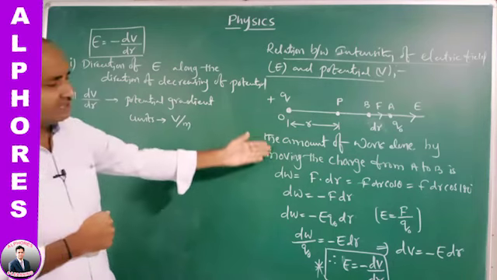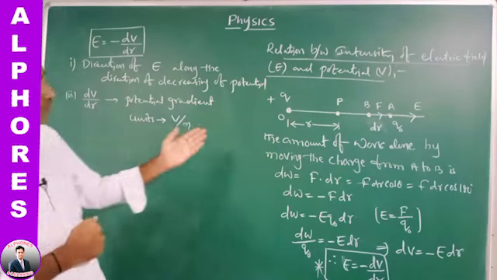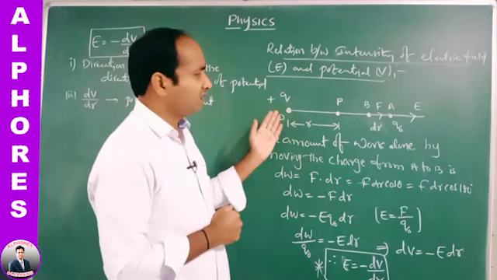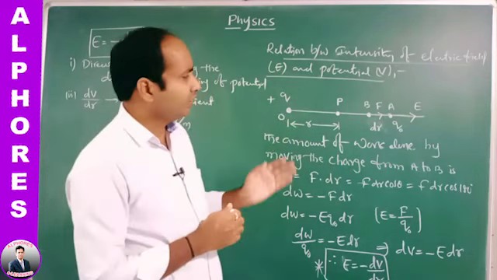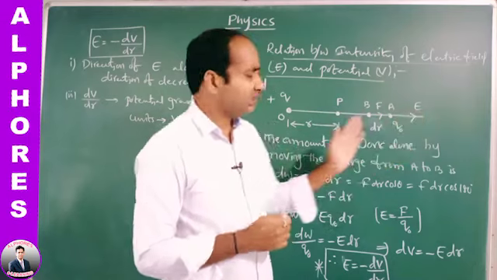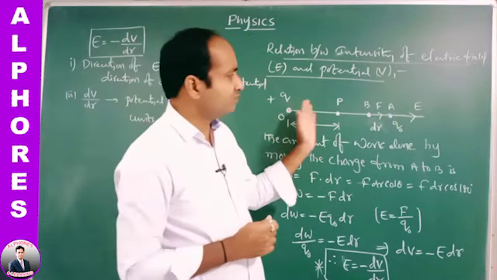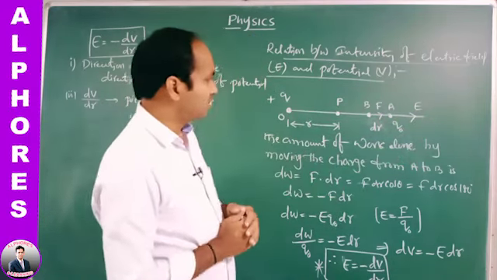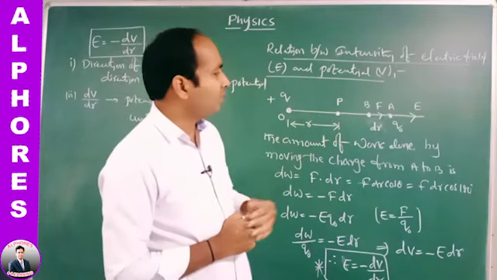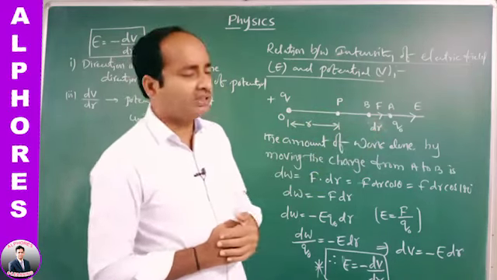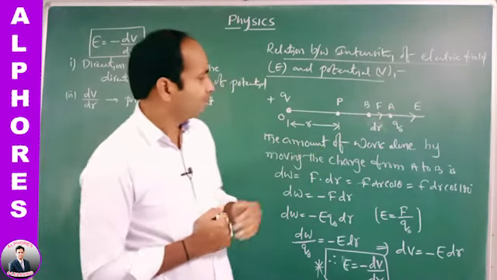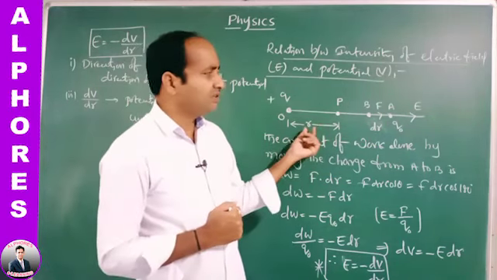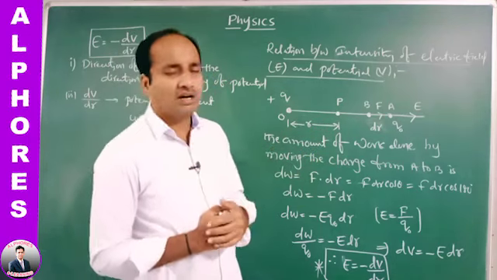Okay, it is the same as the previous one. See here, initially we are taking a positive charge, let us take this as a source charge Q. What is the direction of electric field by the positive charge? It is radially outwards. Now consider 2 points A and B within the electric field separated by a small distance dr. Let P be a point within the electric field at a distance r.